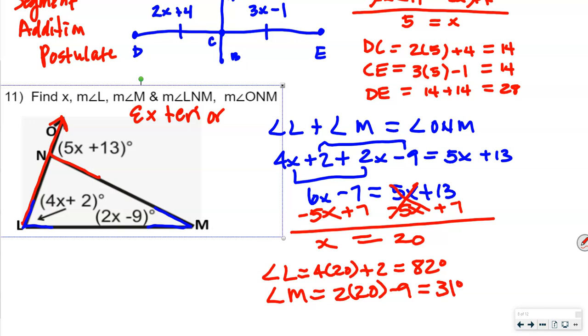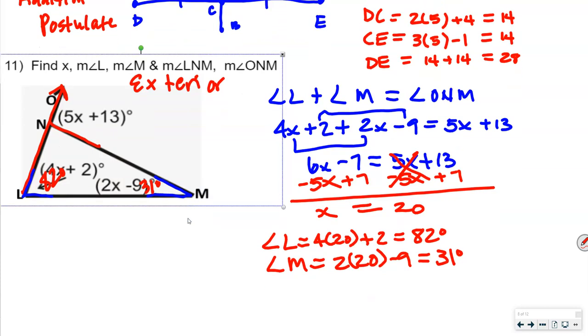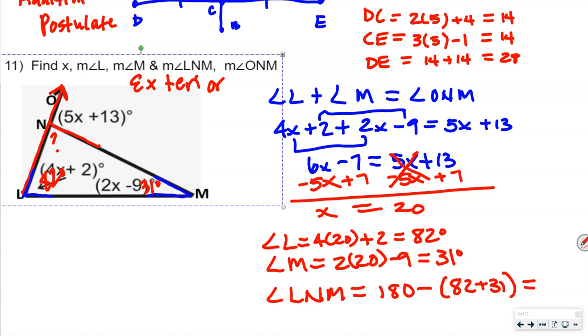Okay, notice now that we have two angles, so we have 82 here, and we have 31 there, right? So now we could use the angle sum theorem, right, to solve for that angle right here, which is angle LNM. So angle LNM is going to be equal to 180 minus the 82 plus the 31, right? So that is equal to 113.